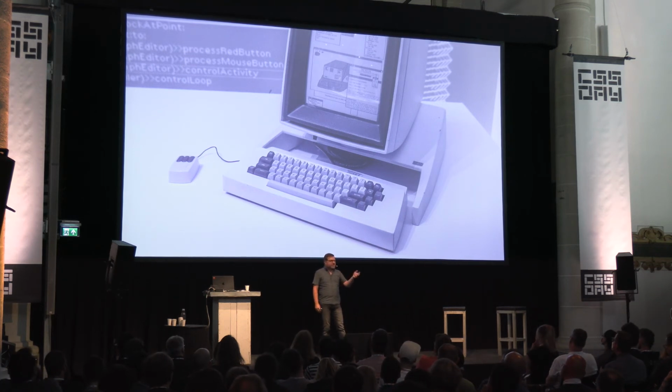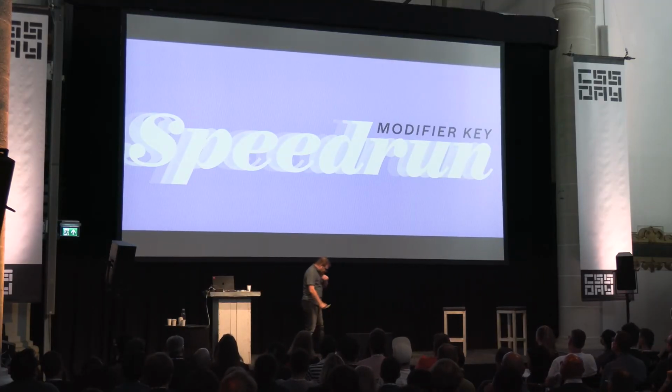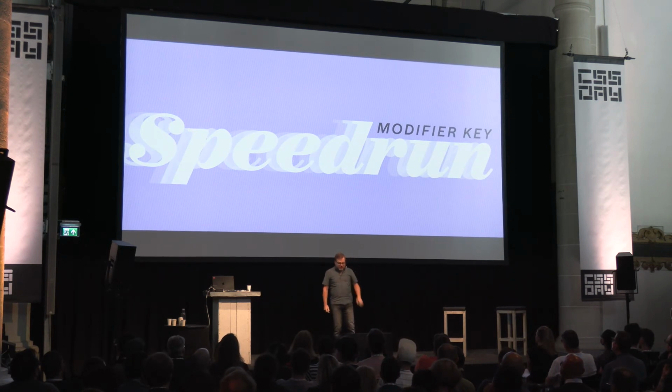I'm on Windows, right? What are you talking about? So it started as a Control B, and there's this whole history of modifier keys that I want to tell you a little bit about. And we're going to have to move pretty fast. So we're going to do a modifier key speed run. And if anything strikes your interest, talk to me later.